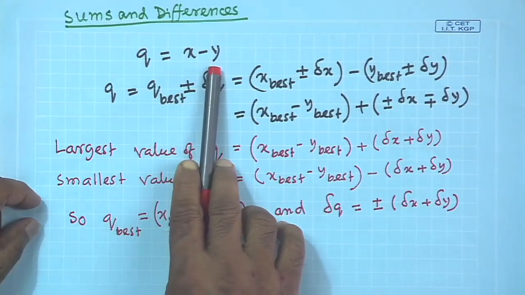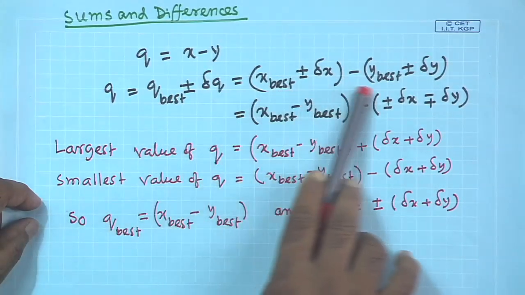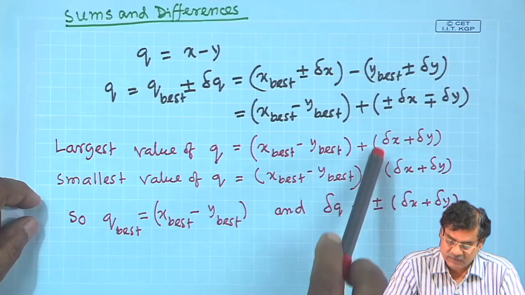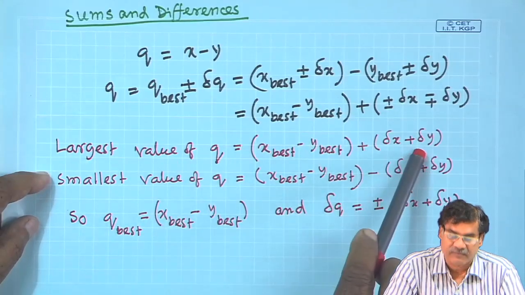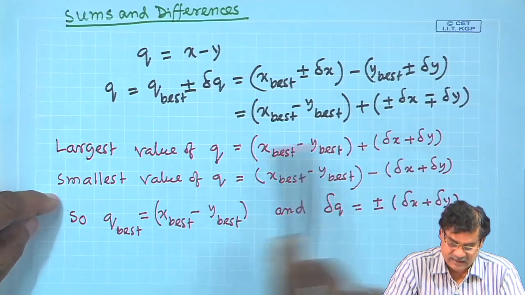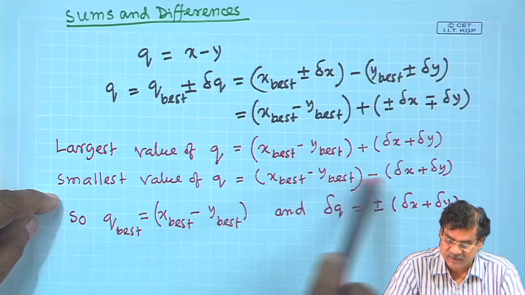So, next I can show you that if you proceed the same way, q equal to x minus y. Okay. Here also you will see that the largest value of q is this and the smallest value of q will be this.